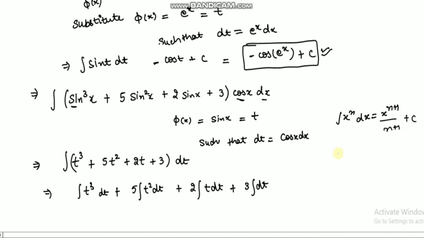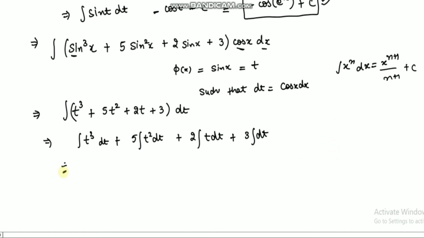So what we will get is t raised to power 3 plus 1 over 3 plus 1, plus 5 into t raised to power 2 plus 1 divided by 2 plus 1, plus 2 into t raised to power 1 plus 1 divided by 1 plus 1, plus 3t.